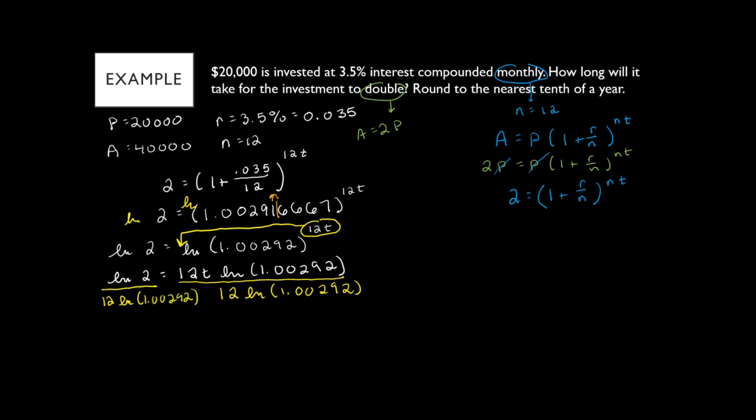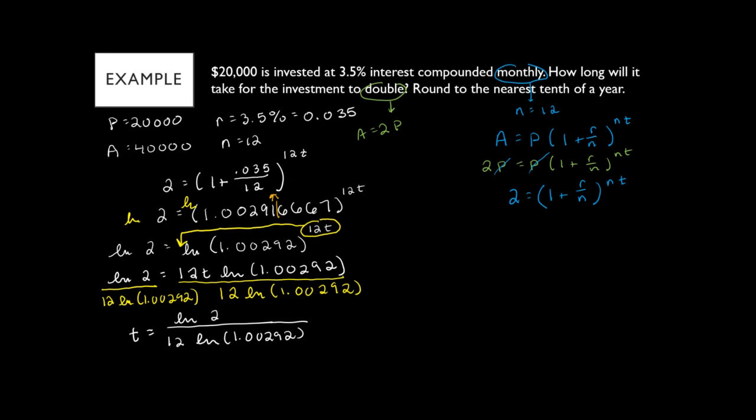I'm not actually taking my natural logs yet because I'm trying to avoid rounding as much as possible, so I do those natural logs last. So I have t equals the natural log of 2 divided by 12 times the natural log of 1.00292.